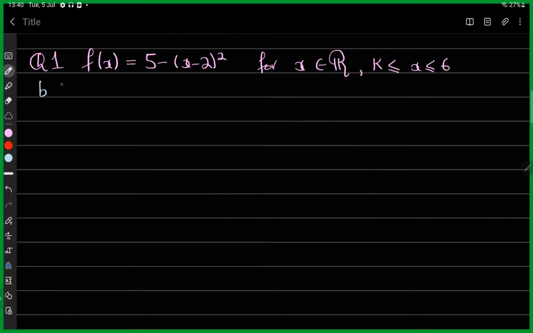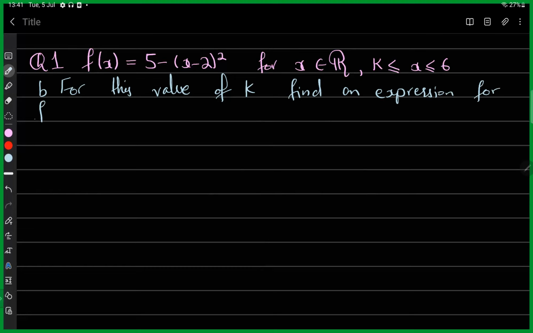For this value of k, that was k equals 2, find an expression for f inverse of x and state the domain and range of this. All right, okay.